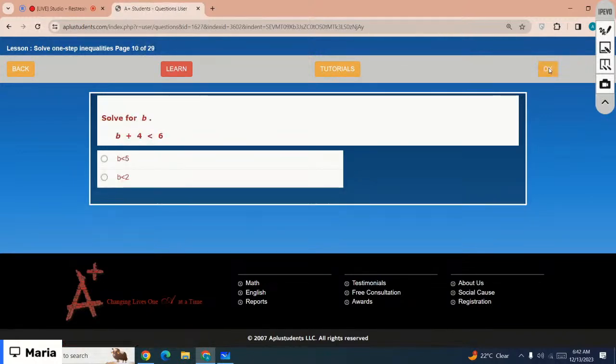So, which is the correct option? Yes, the correct option is b is less than 2.